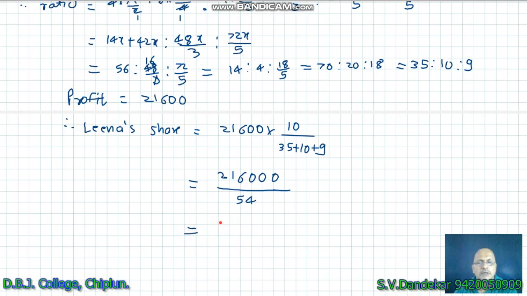Fifty-four fours, so the answer is 4,000. So Lina's share in the profit is rupees 4,000.